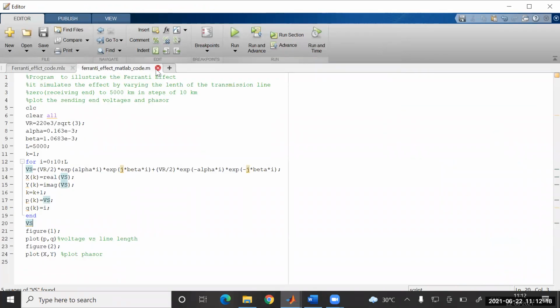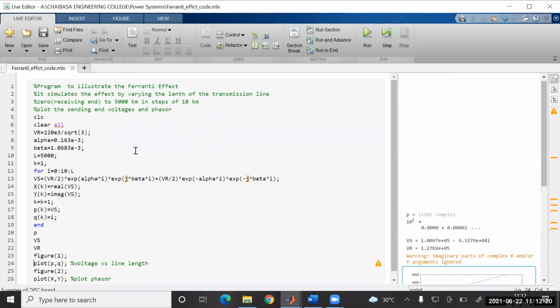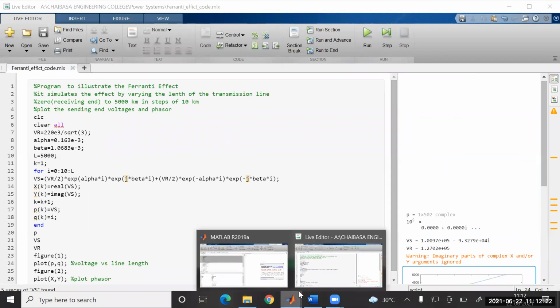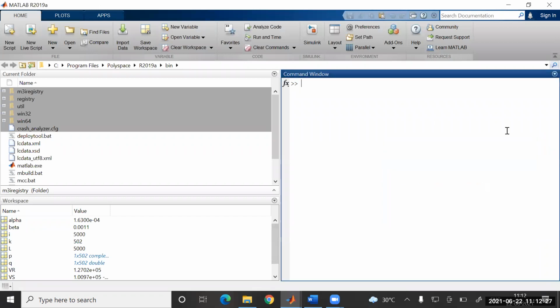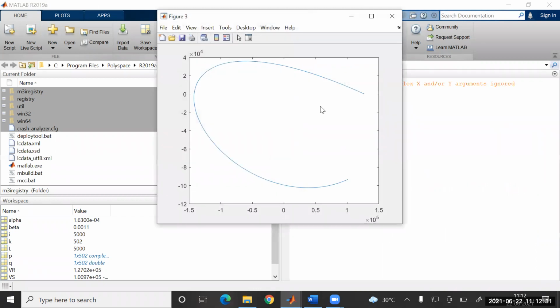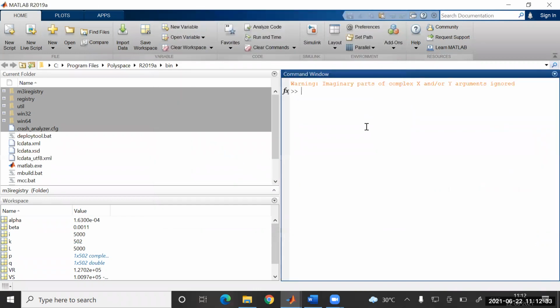We have seen it in both ways: we have coded that, we have simulated that. So we have seen both the methods, and you could easily go with this particular segment.